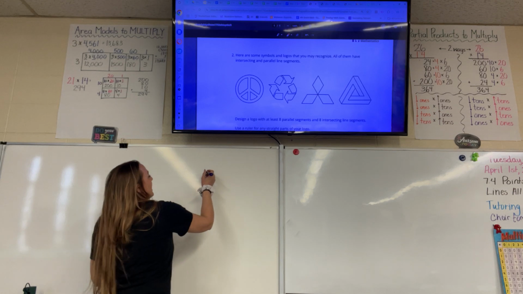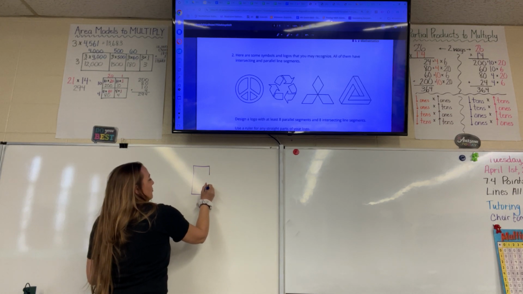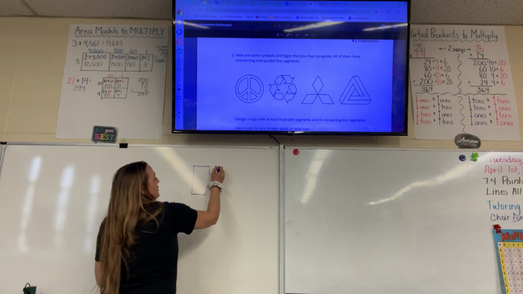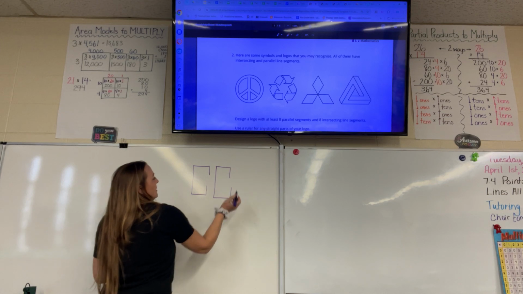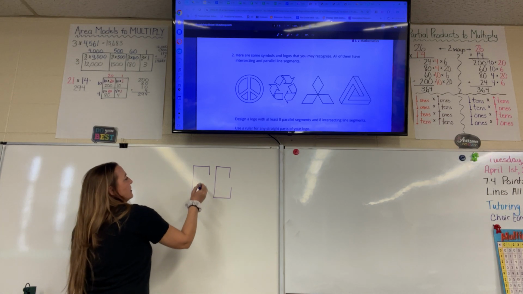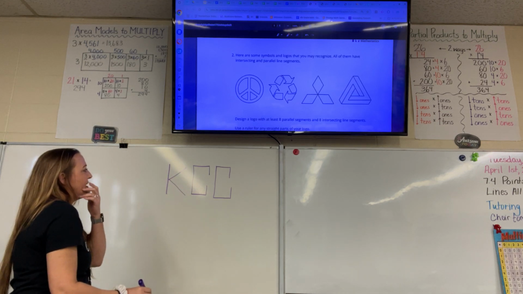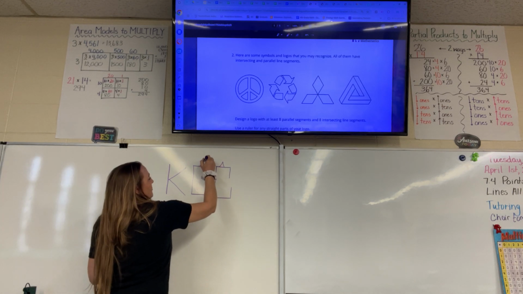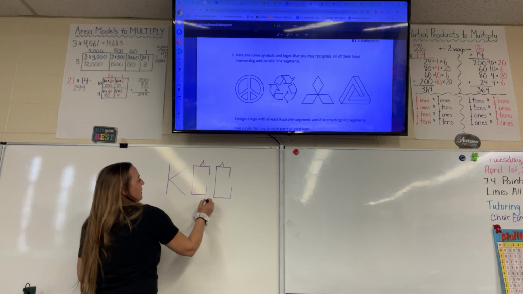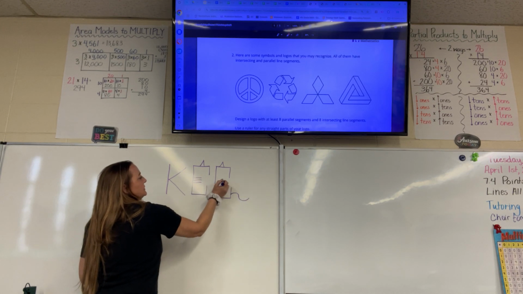So she might, if she wanted to make a C, like with line segments, she could do something like cat cafe, or that would be Kylie's Cat Cafe, and she could maybe make it have ears, a little tail and whiskers.